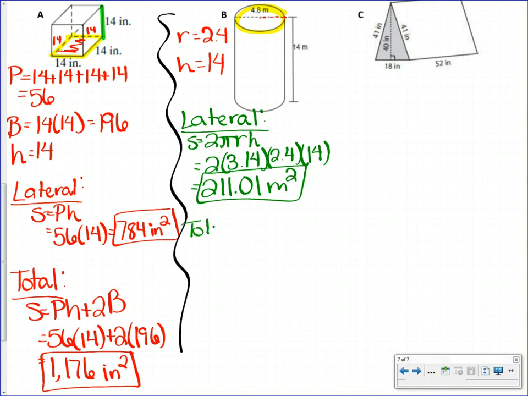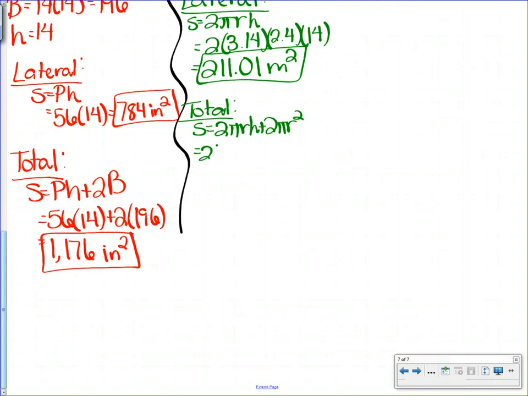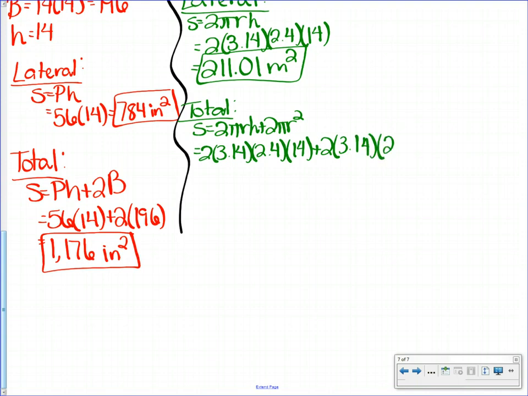For your total surface area, 2 pi rh plus 2 pi r squared. So again, fill in your radius and height. So 2 times 3.14 times 2.4 times the height, which is 14, plus 2 times 3.14 times 2.4 squared.